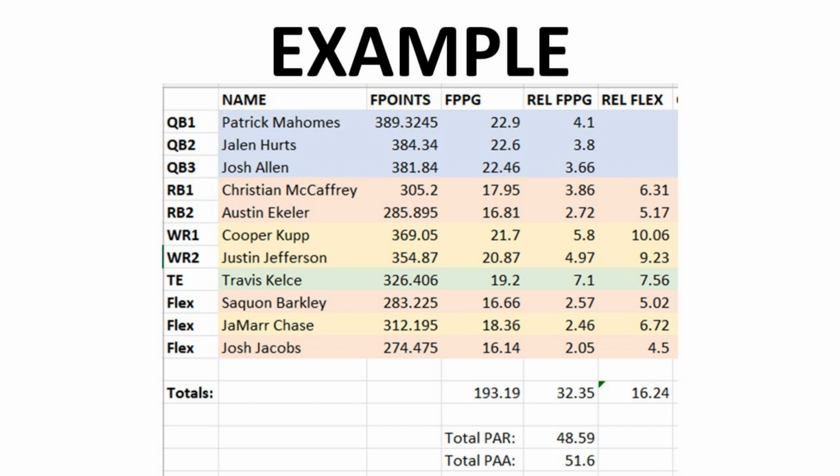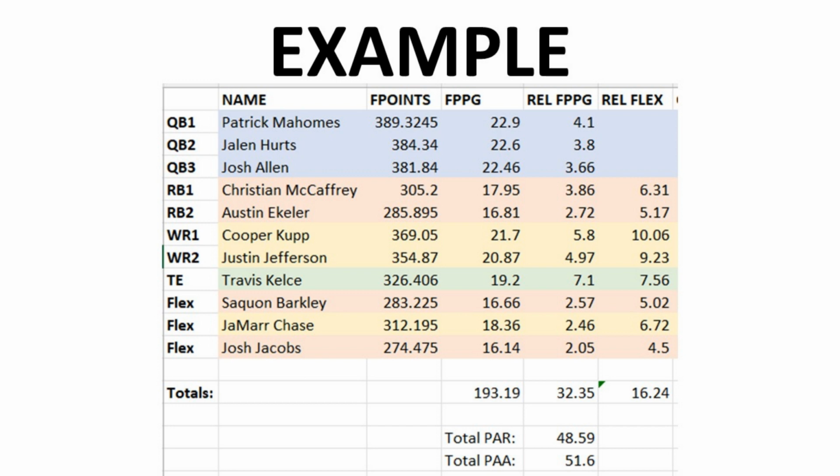So that's like, for example, Patrick Mahomes over the average starting quarterback or top 24 quarterback, he's going to outscore them by 4.1 per game. So same thing with Jalen Hurts. Christian McCaffrey's going to outscore the average RB. Out of the top 24, Christian McCaffrey is outscoring the top 24 by 3.86.